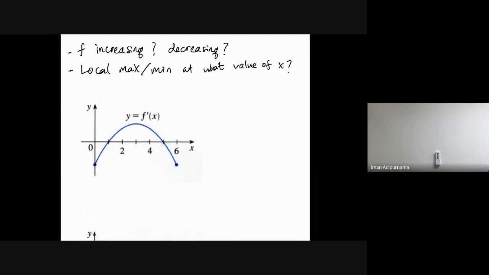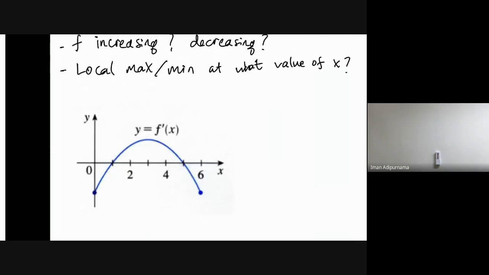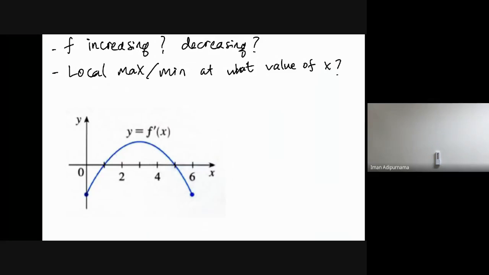First is this graph, and the second one is this graph. Let's start with the first one. You need to read carefully. This is f prime, not f. I'm giving you a couple minutes to write down your answers.